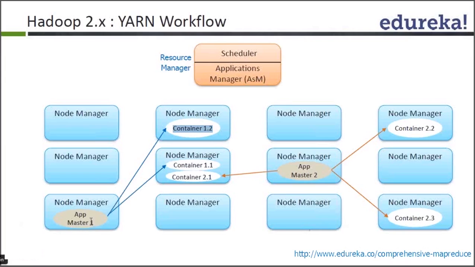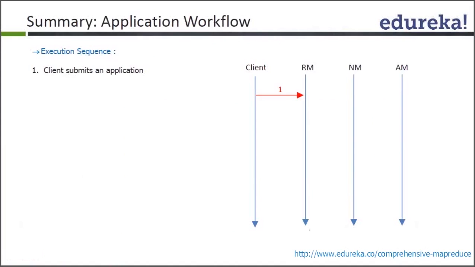The application master on node 3 will tell the node manager on node 4 to start the container, and also the container on node number 5, because that's where the map task or the reduce task will be happening. Similarly, for the second job, my application master is on node number 8. And it will tell node number 4, node number 10, and node number 12 to start the containers. So this is the complete summary of the execution steps.